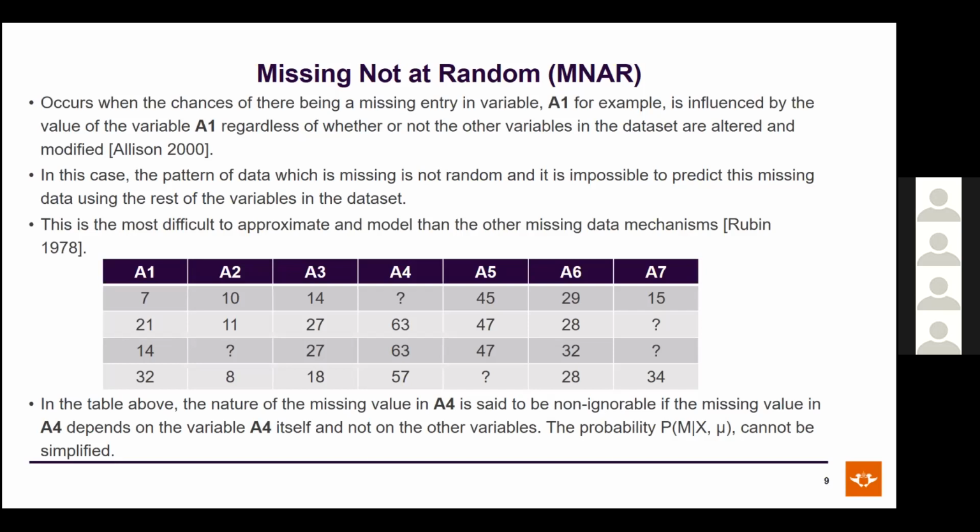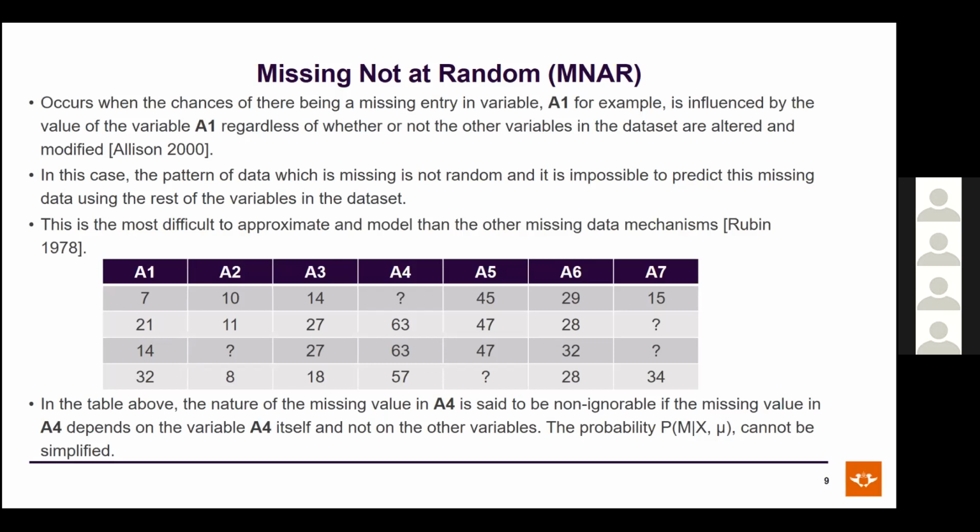So the chances of there being a missing entry in monthly income is influenced by the value of the variable monthly income itself, regardless of whether or not other variables in the data set are altered and modified.